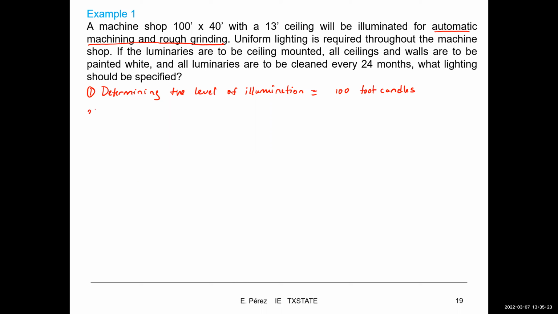Step 2, determine the room cavity ratio, the RCR.